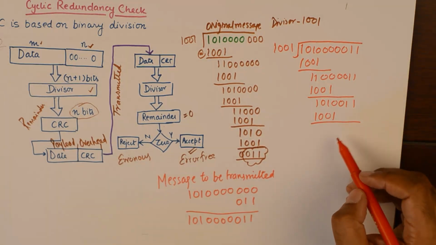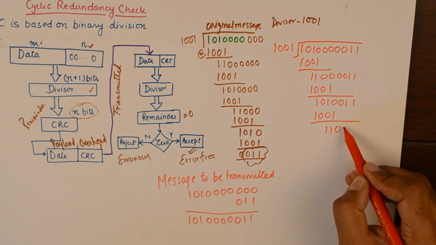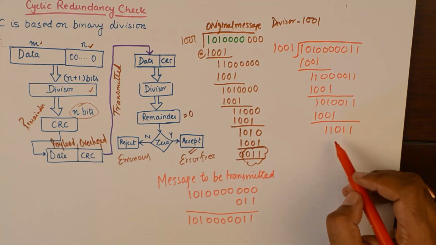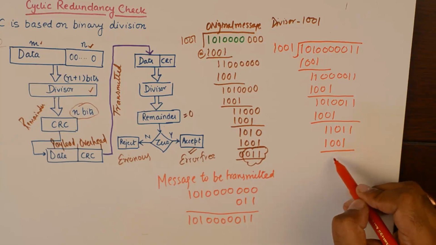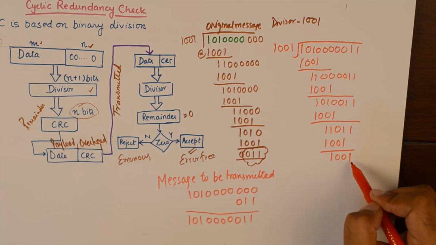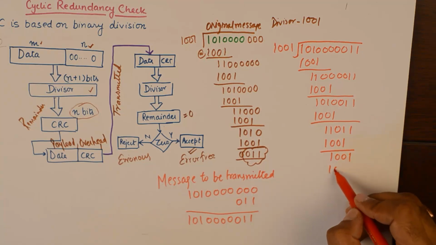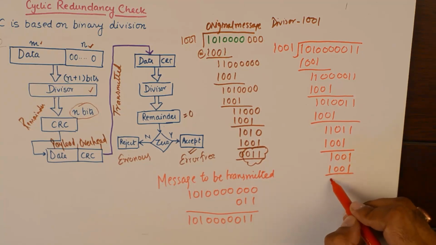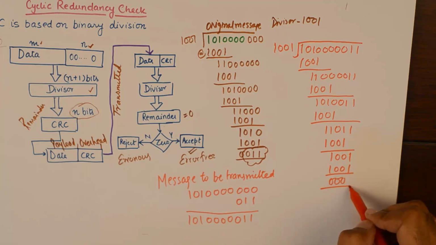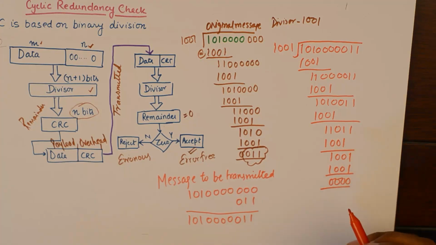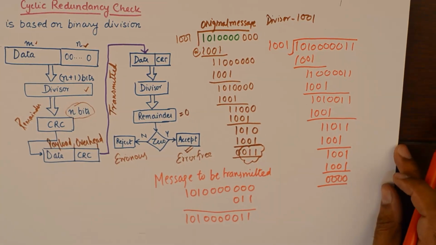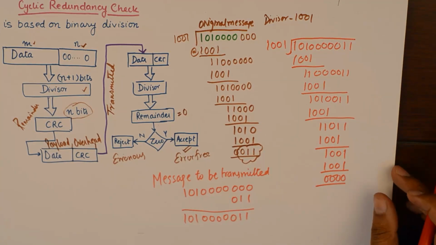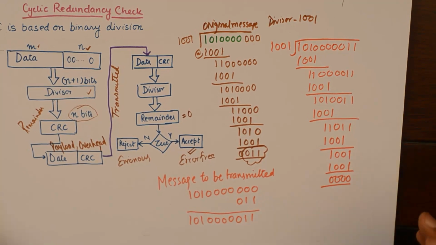So we have a 1 1 here followed by 0 1 1, and we have 1 0 0 1, 1 0 0 1, and finally that goes off as all zeros. And a 0 means that we are going to accept this data as error-free data.